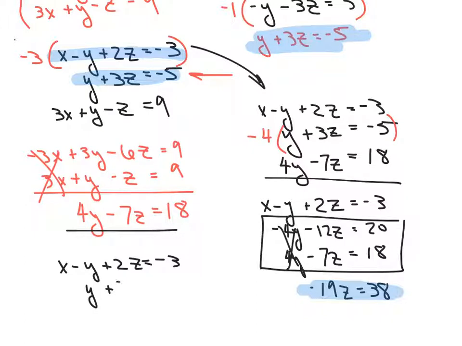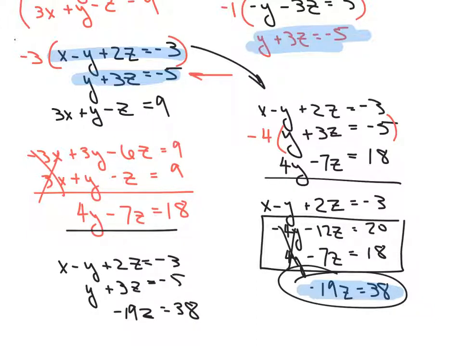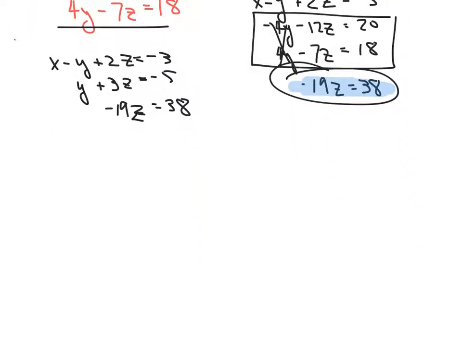Y plus 3z equals negative 5. And then we have from here negative 19z equals 38. Alright, so let's move all this up. This is our final system, after we've done our substituting. And we need that because we're going to do what's called back substituting, and I'll show you what that means.